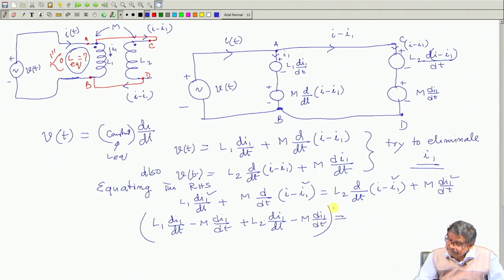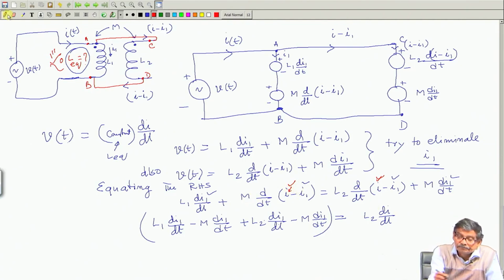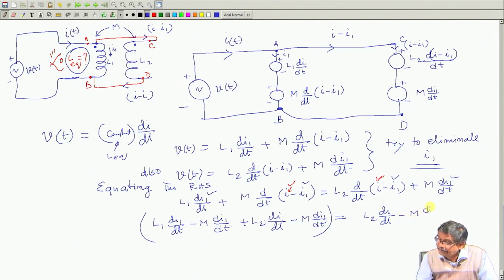Right hand side, bring all the terms having d I dt. So, L 2 d I dt is already present on the right hand side, that is this term, and another d I dt will come only from this one, so minus m d I dt.